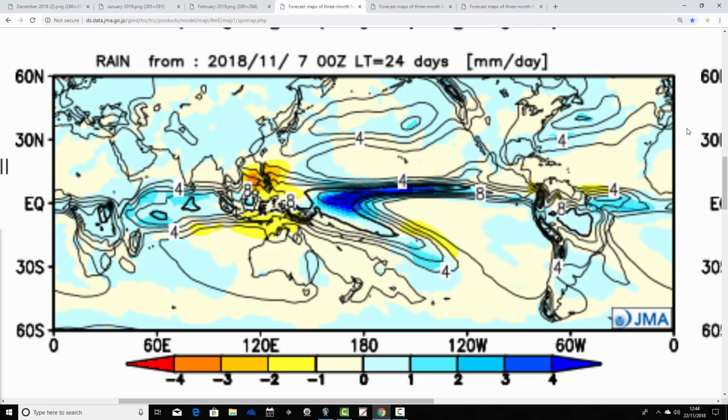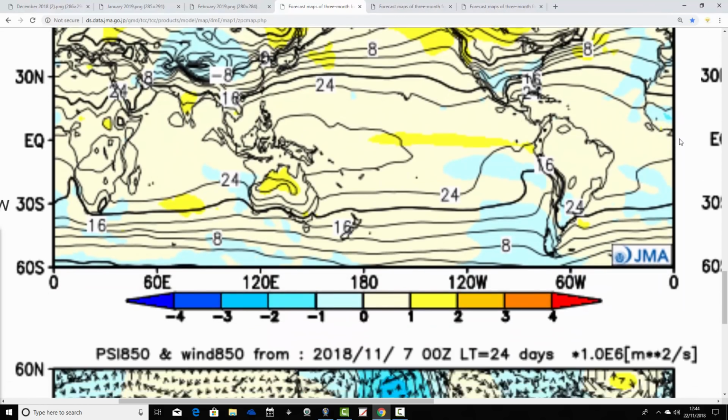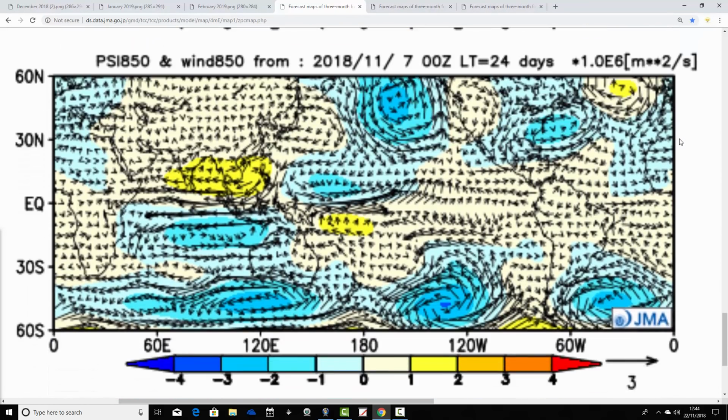Let's see if we can make out the mean wind directions, so we can look at the black arrows just here. It's always a little bit difficult to make out, but I think you can just about see that the flow coming into the UK is kind of westerly, but there are hints of northerlies actually going down here, north to northeasterlies.